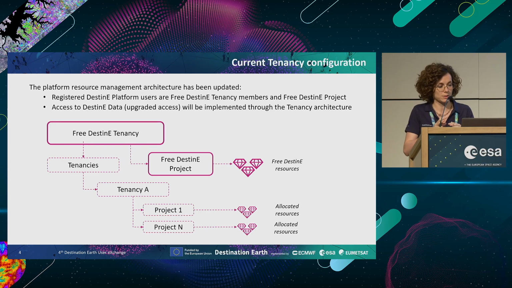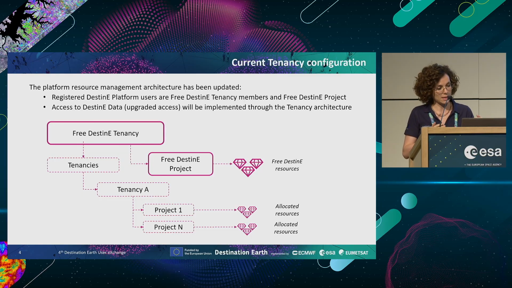This feature, as I was saying, is already in operation in a first implementation, and I show you in this slide the current configuration that we have in place. This is a new way of managing all the processes related to resource management. To implement this, we defined a first big tenancy that we call the free DestinE tenancy.